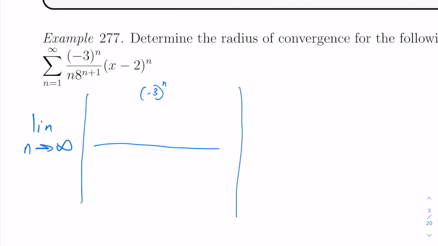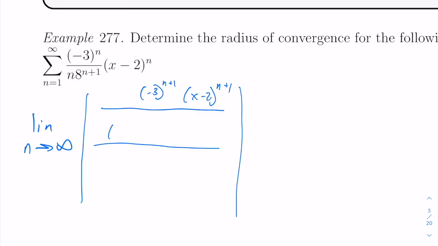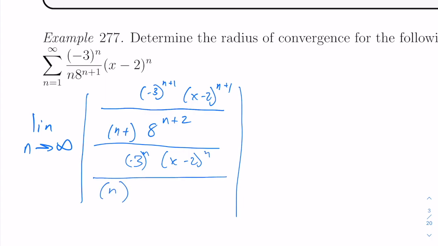Negative 3 to the n plus 1 divided by n plus 2, 8 to the n plus 1, times x minus 2 to the n plus 1. We can work that out. Negative 3 to the n, x minus 2 to the n, n, 8 to the n plus 1.